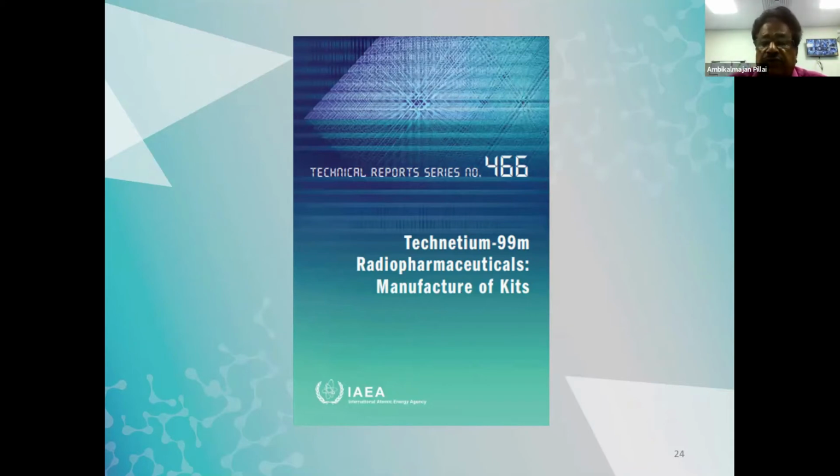If you study this book, if you take the DMSA part, you know how the DMSA is made, what the ingredients are, how the quality control has to be done. I'm definitely sure every nuclear medicine department should download this book. It can be freely downloaded and it can be bound and kept as your own volume. A very nice book, prepared with the help of the best technetium radiopharmaceutical chemists.